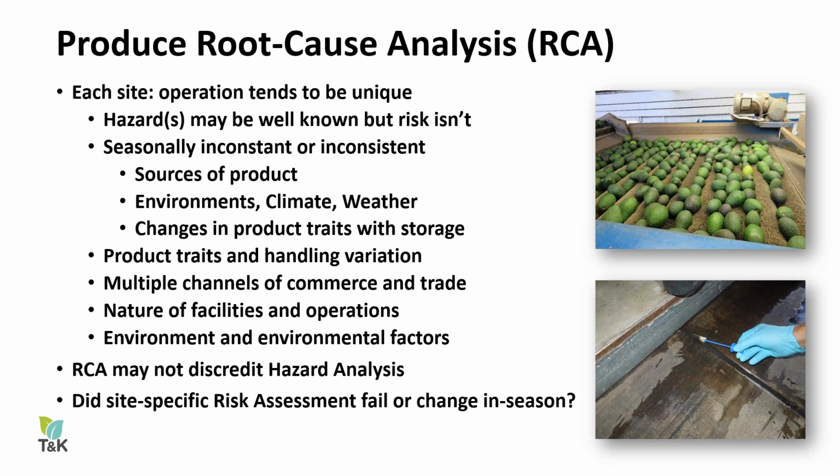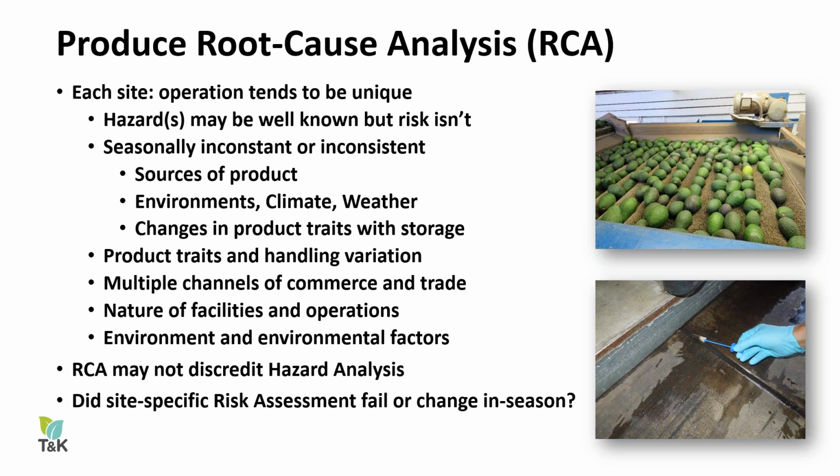And of course, as in many businesses and industries, the nature of the facilities and operations is highly variable, from what we would call more legacy facilities to highly modernized, sophisticated ones, with different environmental factors. So I'm just laying out a lot of the pieces that have to be accounted for.